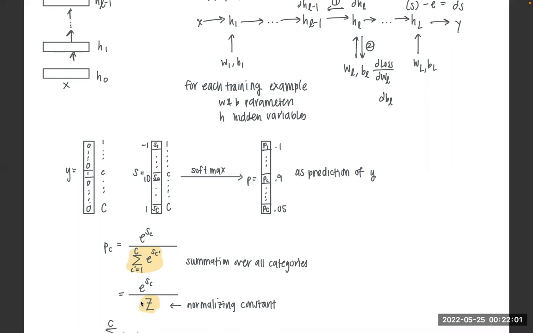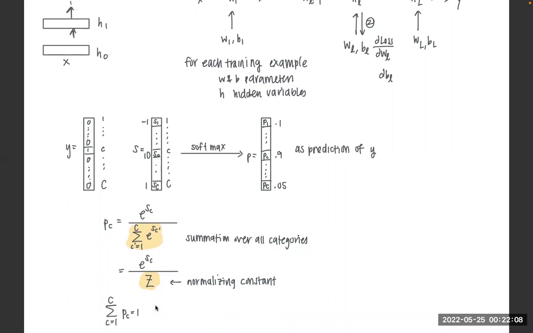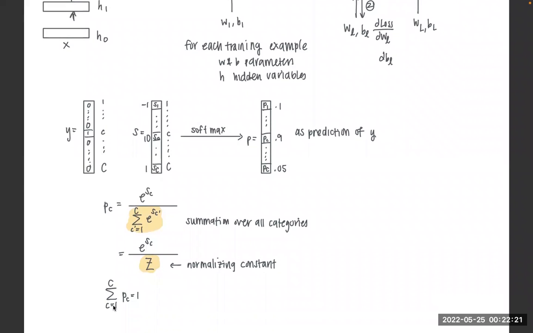We can also write this as e to the power S sub c divided by Z. Z is often used as a notation for the normalizing constant, which is the summation of the exponentials, so that now the summation of P of c equals 1 for c from 1 to capital C. So we first exponentiate to make it non-negative, and then we divide by the sum so that those probabilities sum to 1. So we really get a probability distribution.